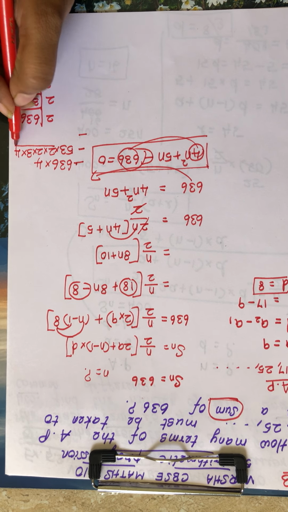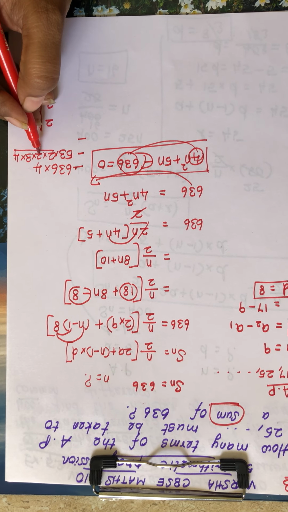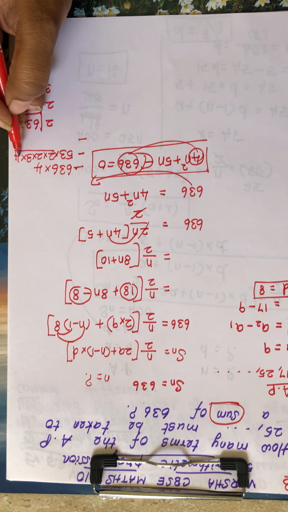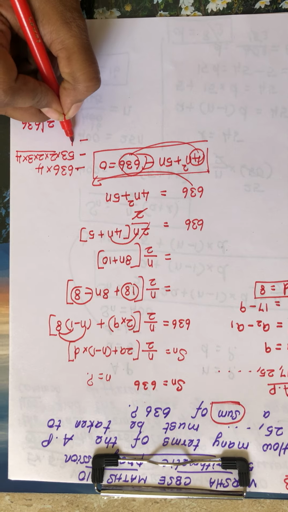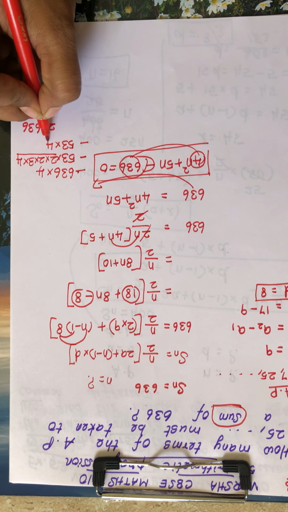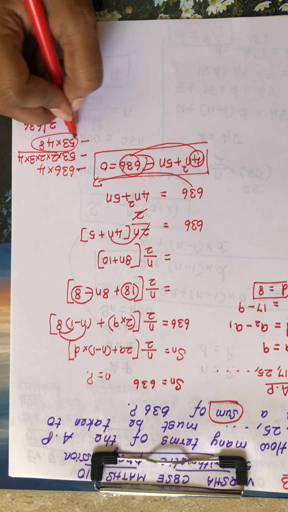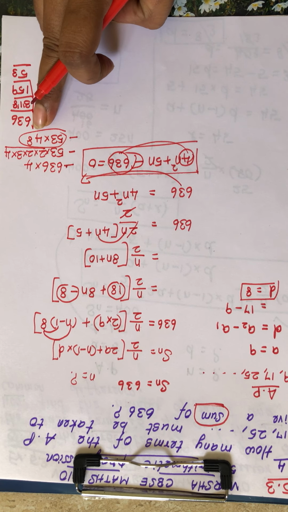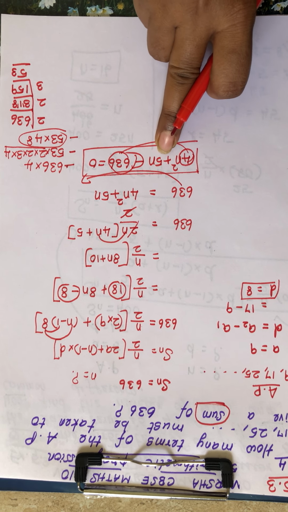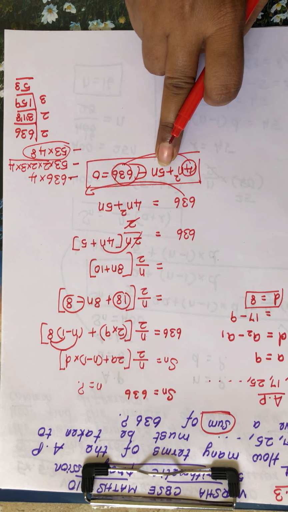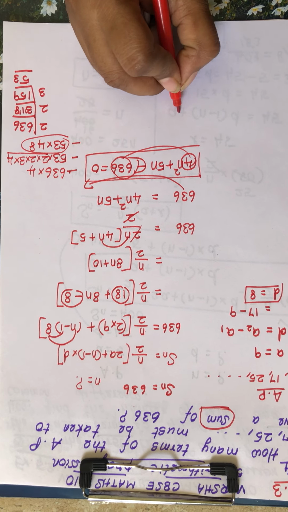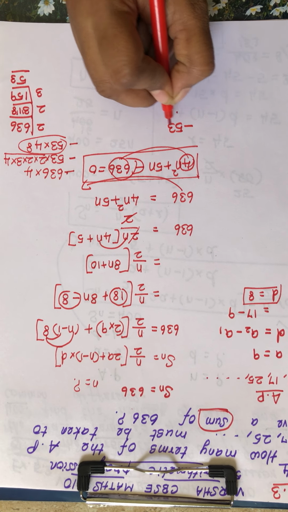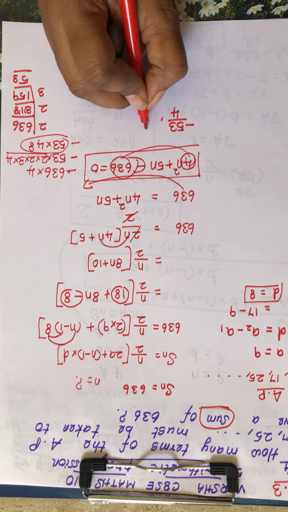If you multiply, 4 times 3 is 12, 12 times 4 is 48. Yes, 48 minus 53 is minus 5. So we can take the right pair. If you subtract, you get 5, the middle term. But the coefficient is 4, so you have to take the right pair and divide by 4.